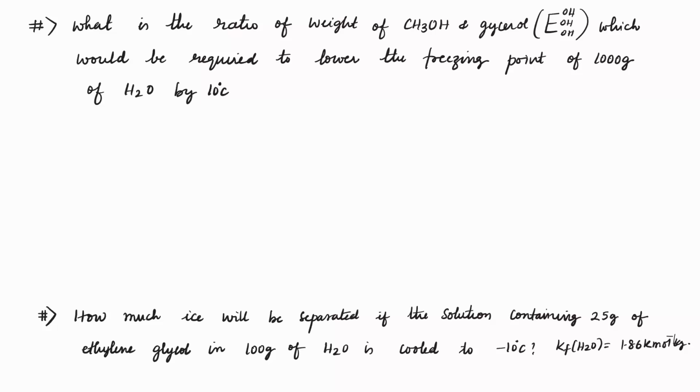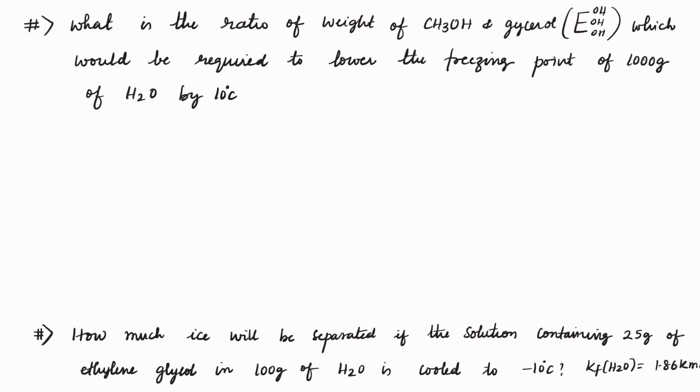What is the ratio of the weight of methanol and glycerol, which would require to lower the freezing point of 1000 grams of water by 10 degrees? Okay. So which means delta Tf has to be 10 degrees, correct?